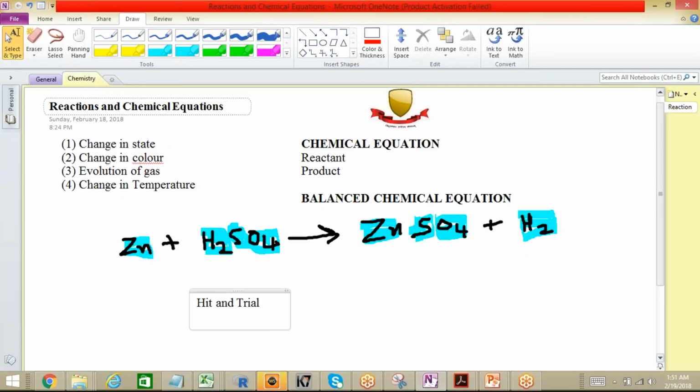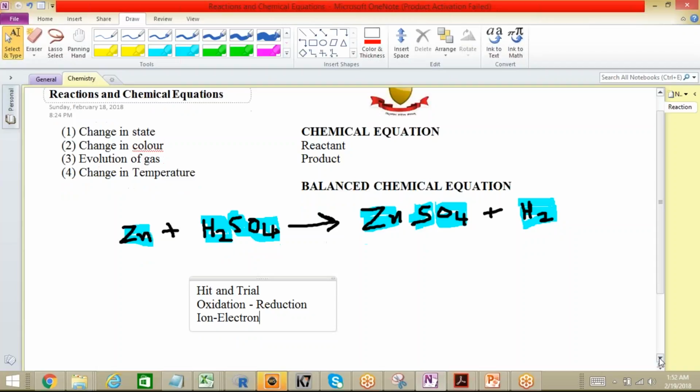Then we have the oxidation and reduction method, and then the ion electron method. These are a few methods through which you can balance a given chemical equation. But in this class, we will generally talk about the hit and trial method.